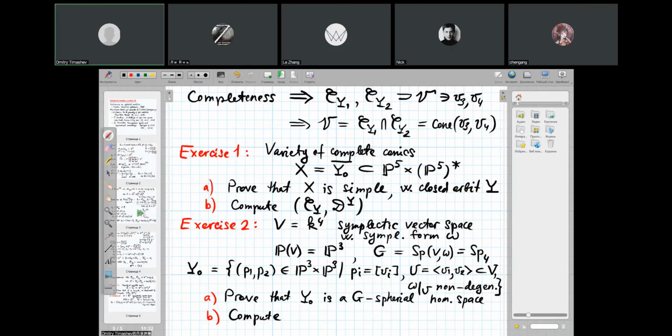Well, if you choose the symplectic form having the matrix with plus minus 1 on the secondary diagonal and zeros outside, then the Borel subgroup can be chosen to consist of all upper triangular matrices sitting in Sp4, in the symplectic group.